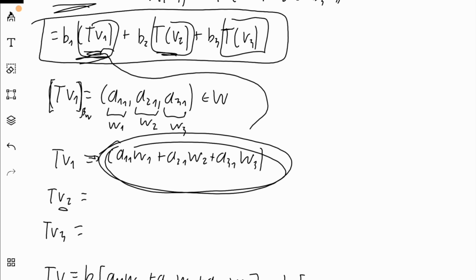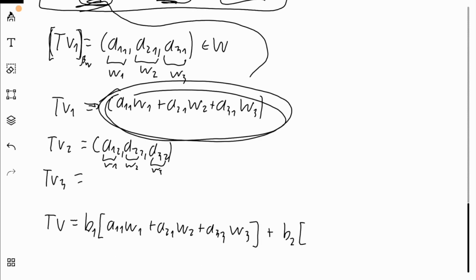Well, where does T take our basis vector v2? Again, it just takes it to another vector in W, and we can name it A12, A22, A32. And again, this is written in the basis W1, W2, W3. I'm just naming the coefficients in a very specific way so that when I line them up in the matrix, it's going to make sense, because we'll later build our matrix with this.